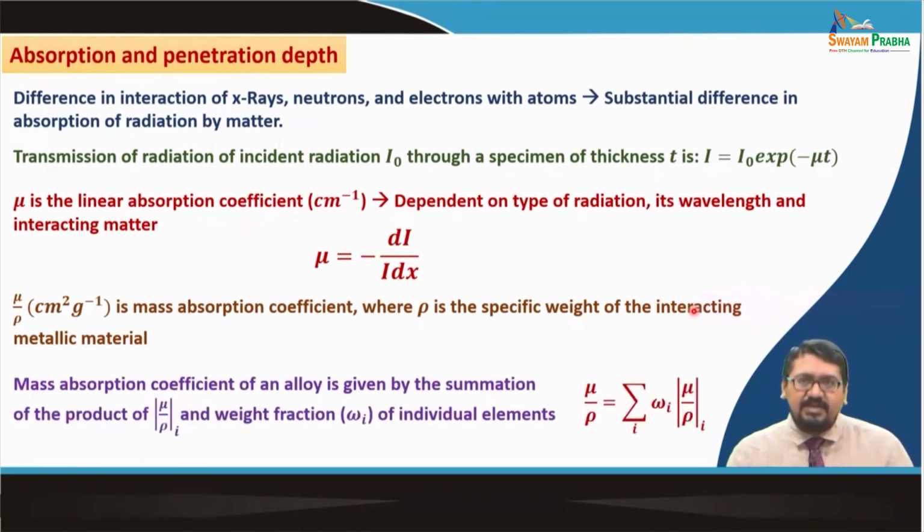Now, you see that if that interacting material is not a single polycrystalline metal, but a mixture of one or two metals, that is, it's kind of an alloy, then the summation of the mass absorption coefficient mu by rho and the weight fraction of that particular individual element present in that alloy is used to calculate the total mass absorption coefficient for that polycrystalline material, which is not made up of a single element, but multiple elements, right.